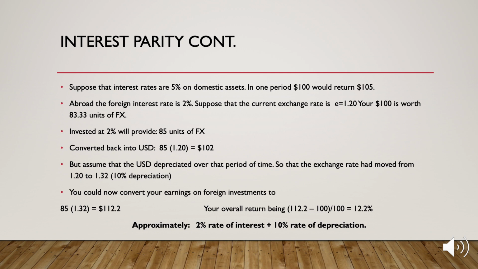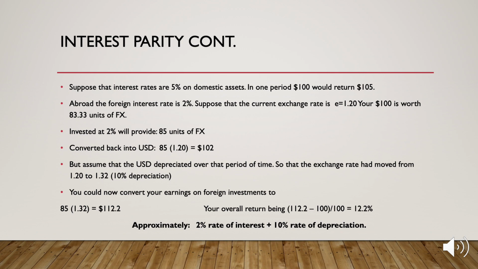Now, when we're converting back into US dollars, our 2% growth on our foreign investment. Remember, we had 83.33 units of foreign exchange. It grew at 2%. We had 85 units of foreign exchange. So at the end of that period, we had 85 units of foreign exchange, and we're now going to convert that back into dollars using the future exchange rate of 1.32. This provides us with a $112.2 denomination.